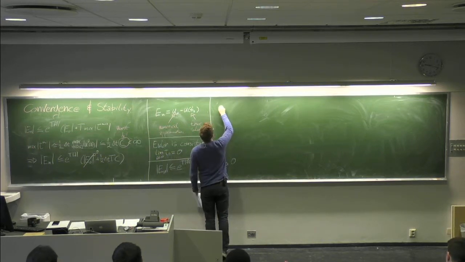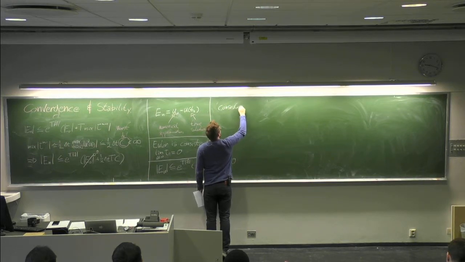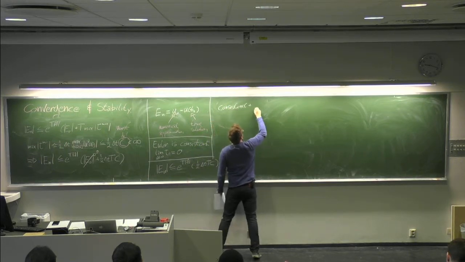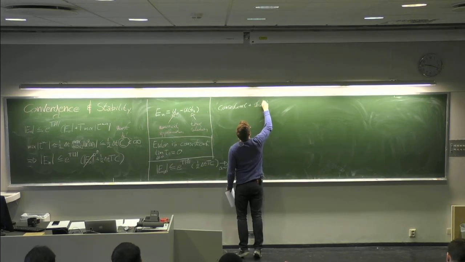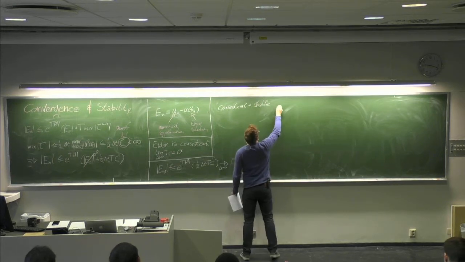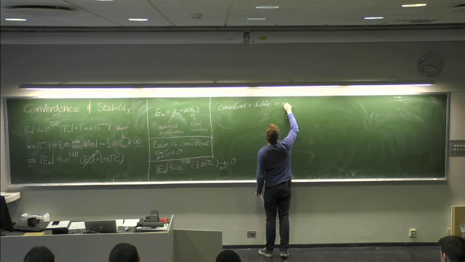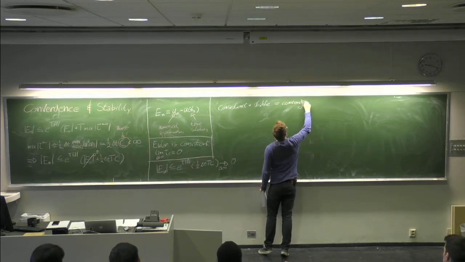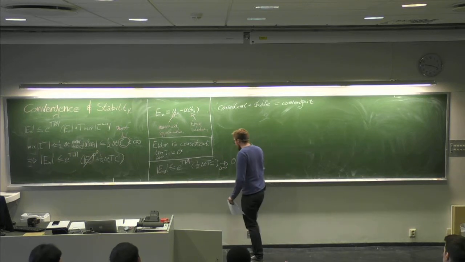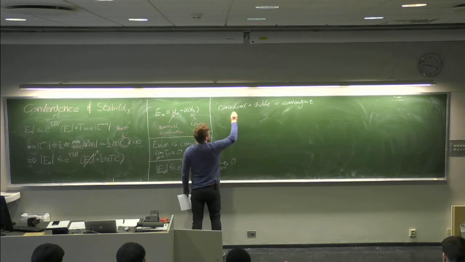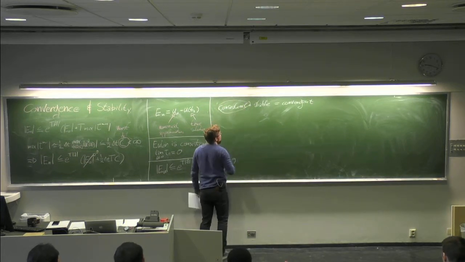So if we write this equation, consistent plus stable is the same as convergent. What we've done here is, first we have proved that it's consistent. That was easy.